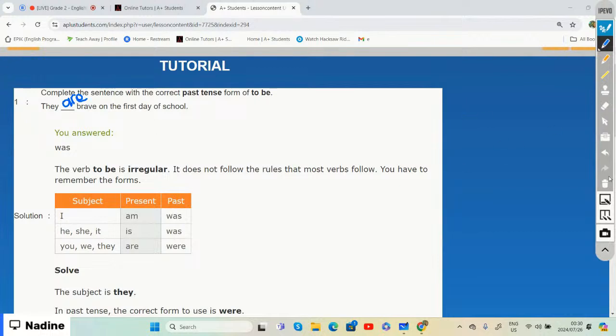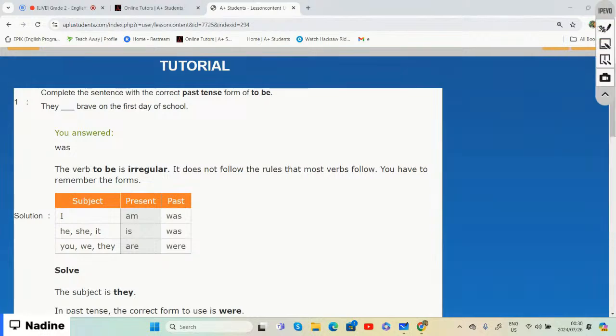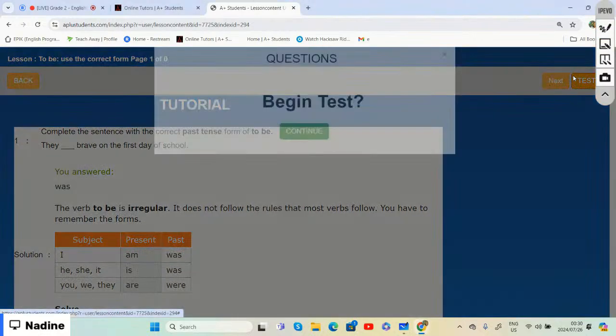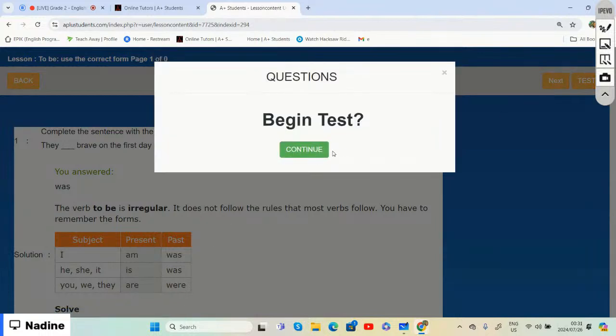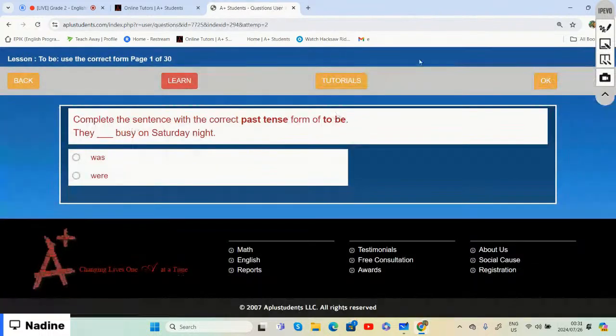And if we go to our test, where we are going to go over to be to use the correct forms, let's go to the test.